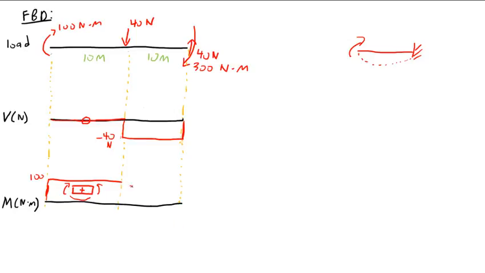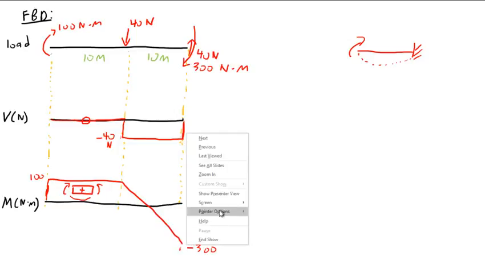This means this shear is going to cause a drop of 400 between this point and this point. So if we start out at 100, we'll end up down at negative 300. And because this is a constant value function, between these we must have a linear function.